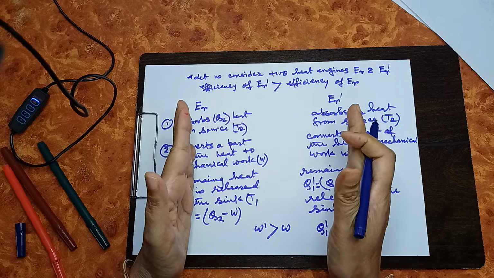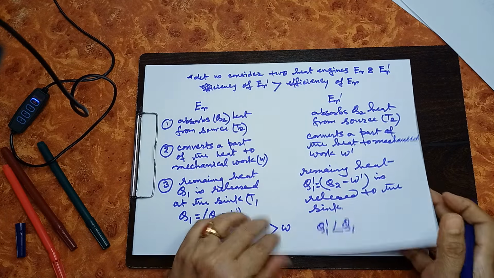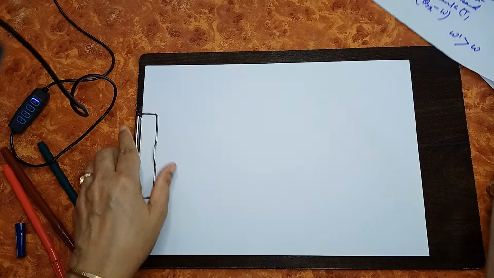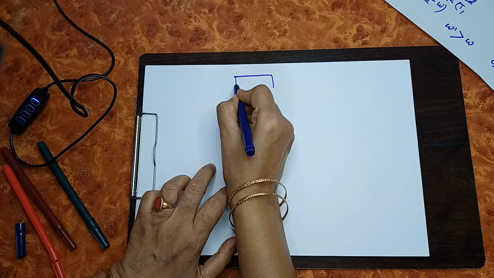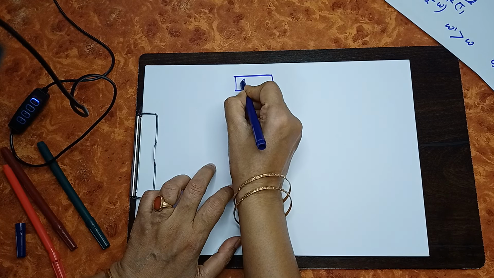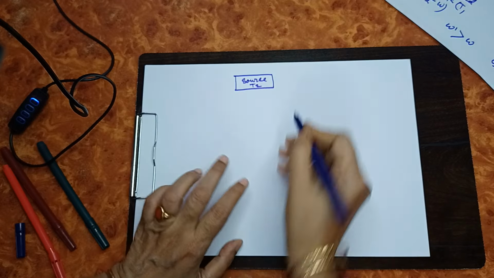Now, if we couple these two heat engines and make a composite heat engine, then how will it be? See, this is the source. Temperature is T2. Okay.